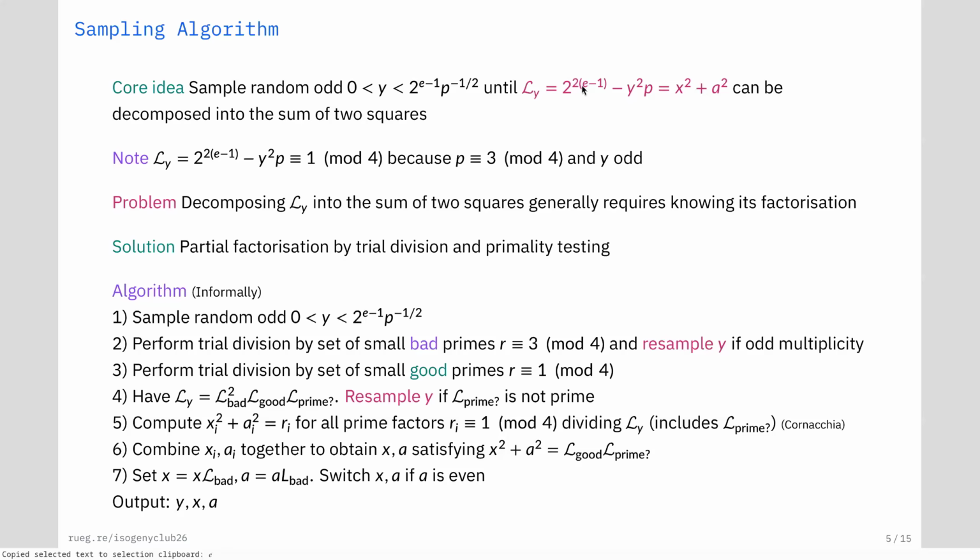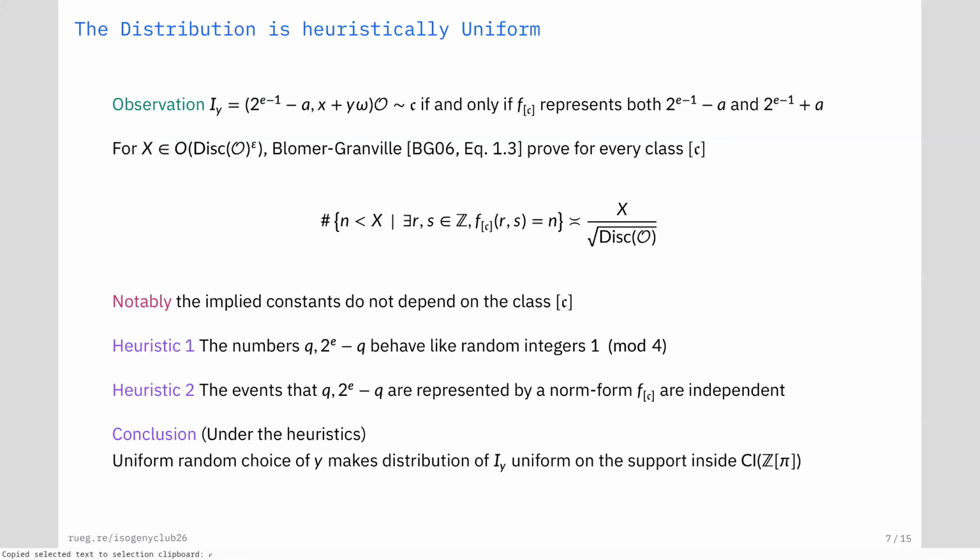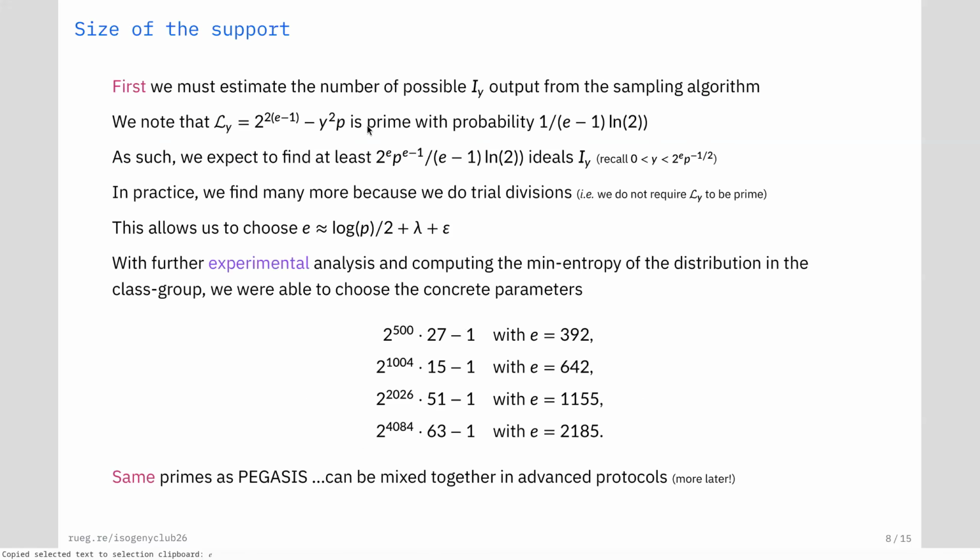But is there some additional thing where, to try to increase the size of the key space, you have to do more trial divisions? Yes. So what is true is that when e is larger, the probability that this Ly is going to be prime is in relationship to e, like this. It's 1 over e.